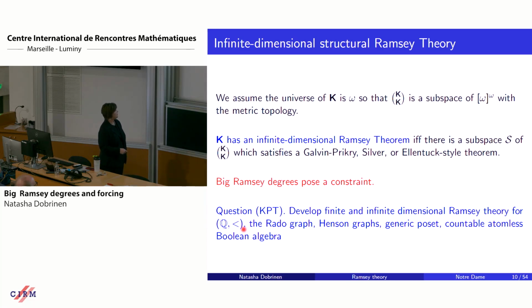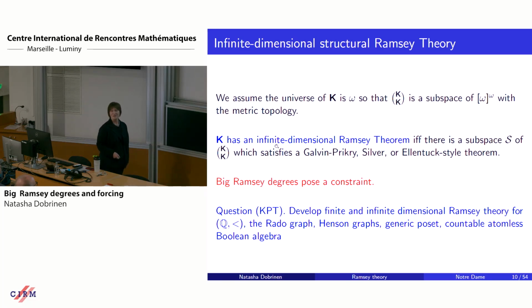Big Ramsey degrees for these two had already been done by Dennis Devlin and Norbert Sauer and Laflamme and Vuksanovich. This one I proved upper bounds for, and then we got some exact bounds later. Generic poset, upper bounds were done by Jan Hubička, and then later exactly characterized by a large group of people.